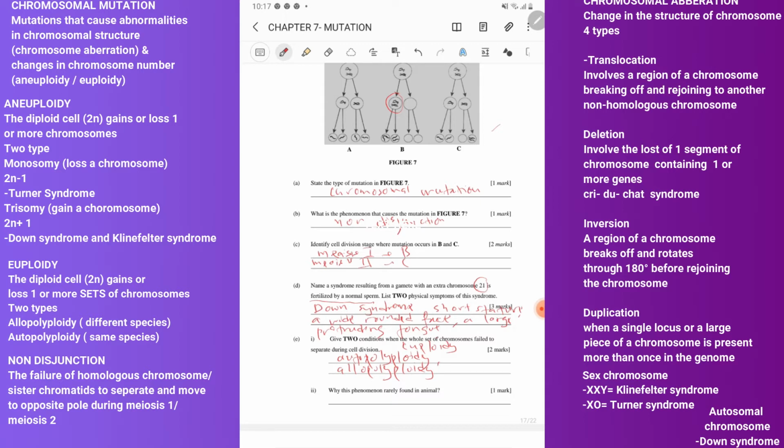Why is this phenomenon rarely found in animals? Euploidy, either autopolyploidy or allopolyploidy, is very rare in animal cells because of the death of gametes.